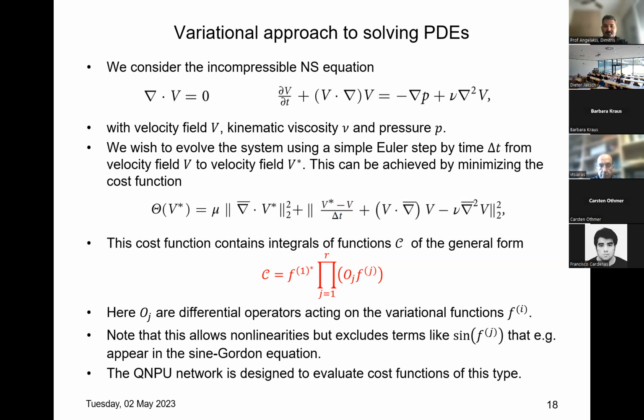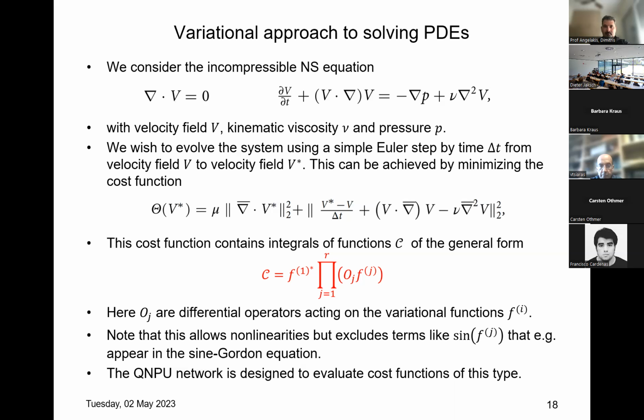This is just to illustrate that we can just take the individual time steps that we do and write them as an optimization problem. And the optimization problem must be of functions of this type, where you have powers of the function you want to optimize times some linear differential operators.